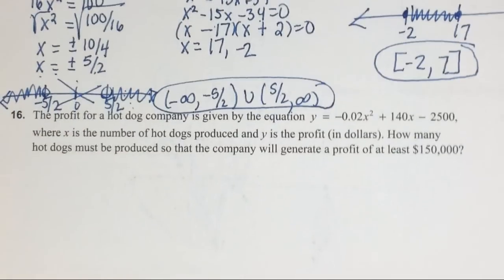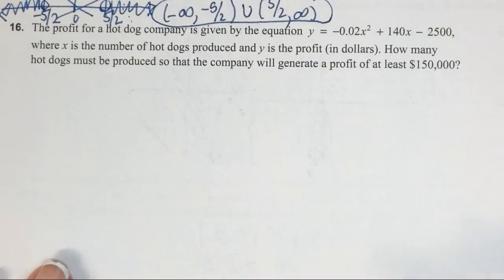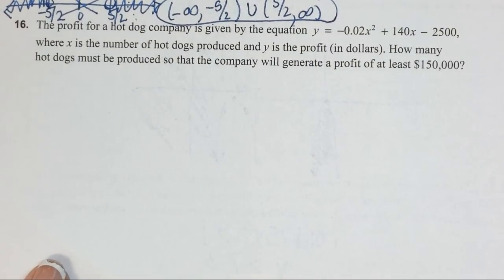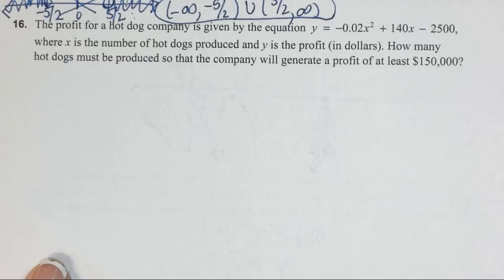All right, we're going to do one last one, the word problem. It says the profit for a hot dog company is given by this equation, where x is the number of hot dogs produced and y is the profit in dollars. How many hot dogs must be produced so that the company will generate a profit of at least 150,000?